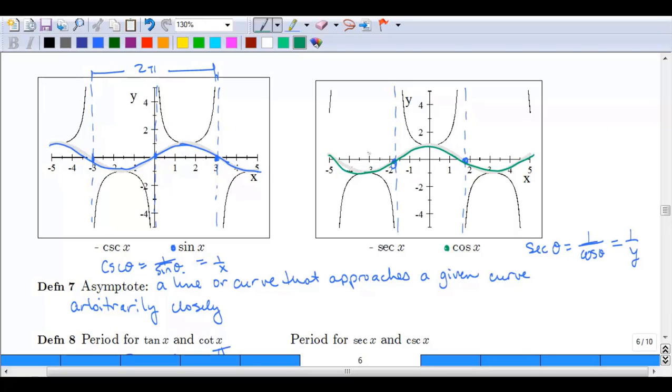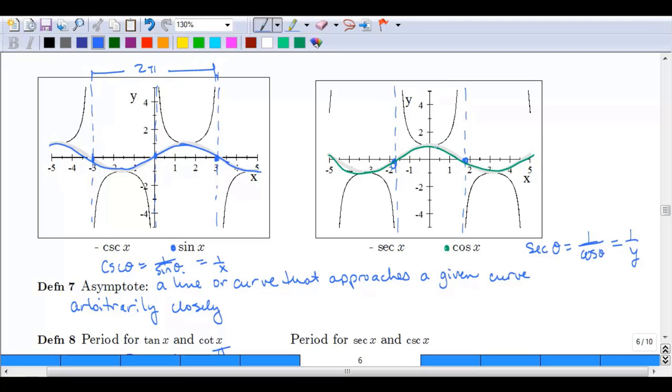Just like sine and cosine were the same thing, only shifted, secant and cosecant are going to be the same shape, only shifted. If the amplitude is greater than 1, we get a steeper U. If it's between 0 and 1, it'll be a little bit flatter, a little bit more level. It will also shift us on the axis.